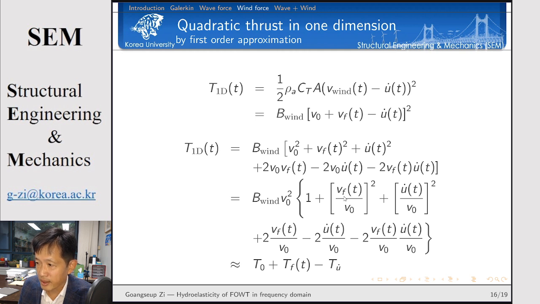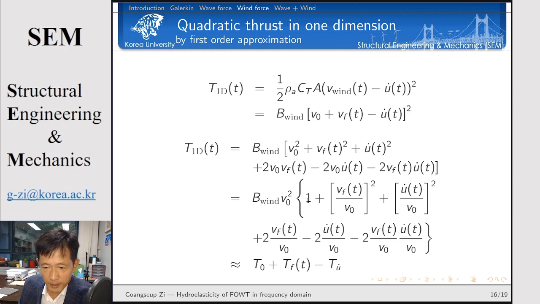That's why the square of small things is very small. That's why we can drop the first term and the second term, and then the third term too. The speed of the structure is also very small compared to the mean velocity of the wind. That's why the square term of this, the third term, can be dropped. And then also the last term, also small thing times small thing. That's why we can drop it.